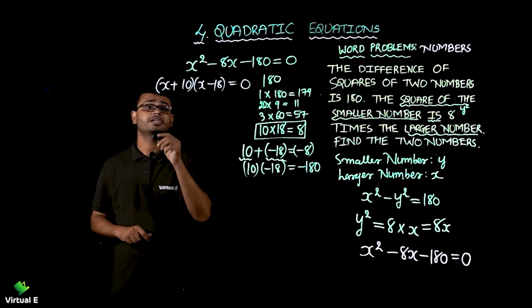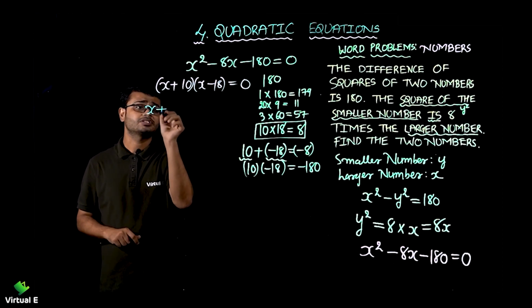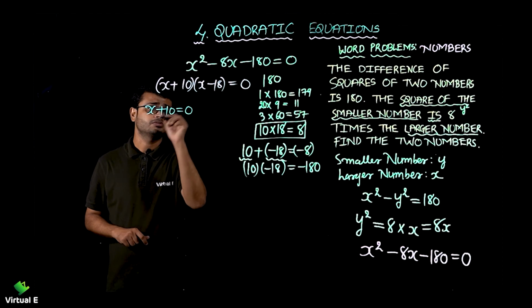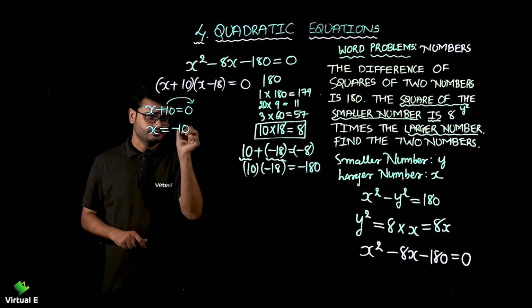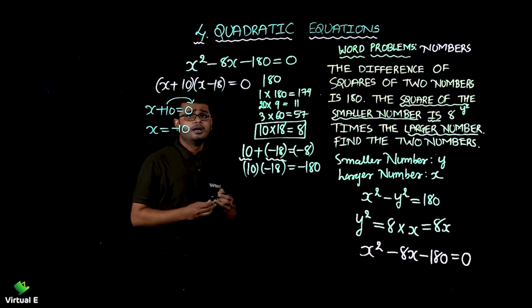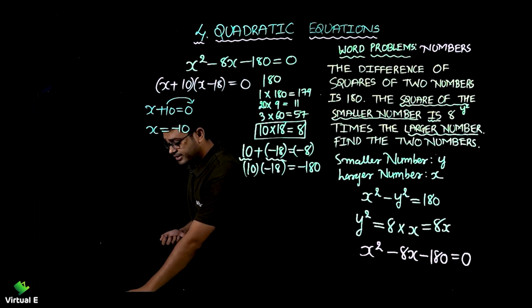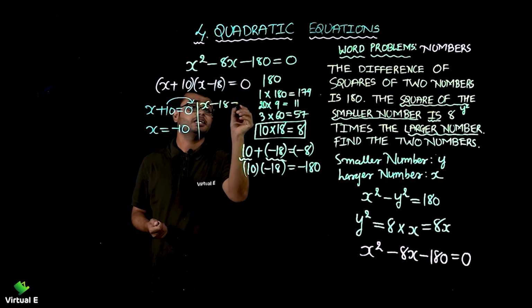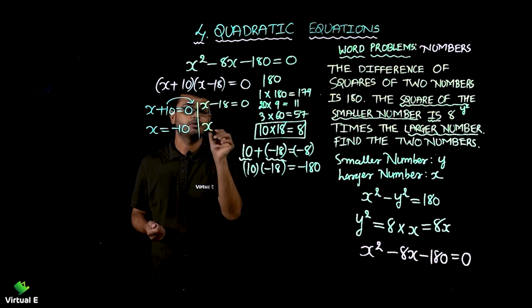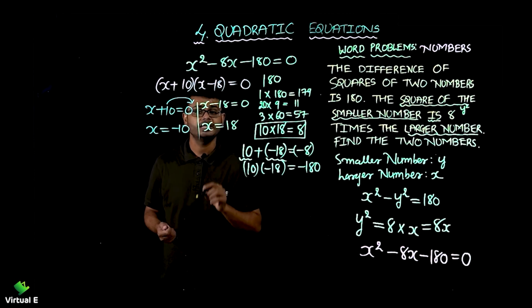Let me take x plus 10 as 0. So x plus 10 is equal to 0. Let me shift over here. So x is equal to minus 10. And second factor, which is x minus 18 is equal to 0. So x is equal to 18.